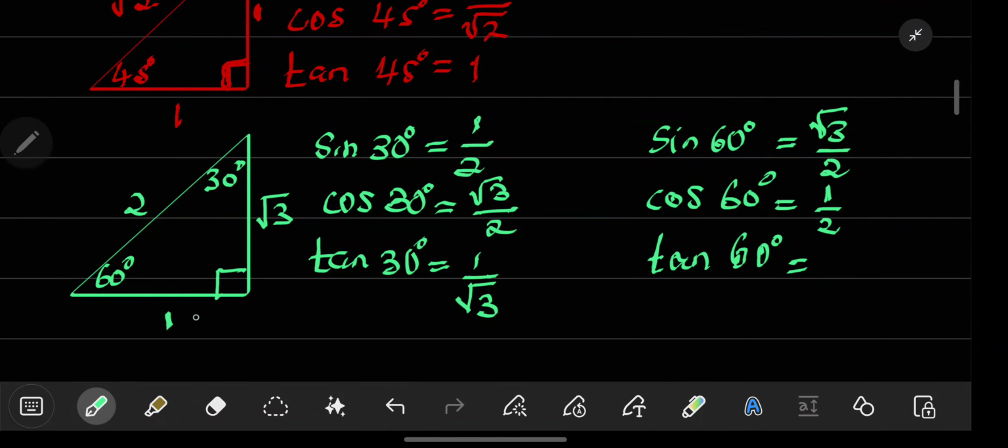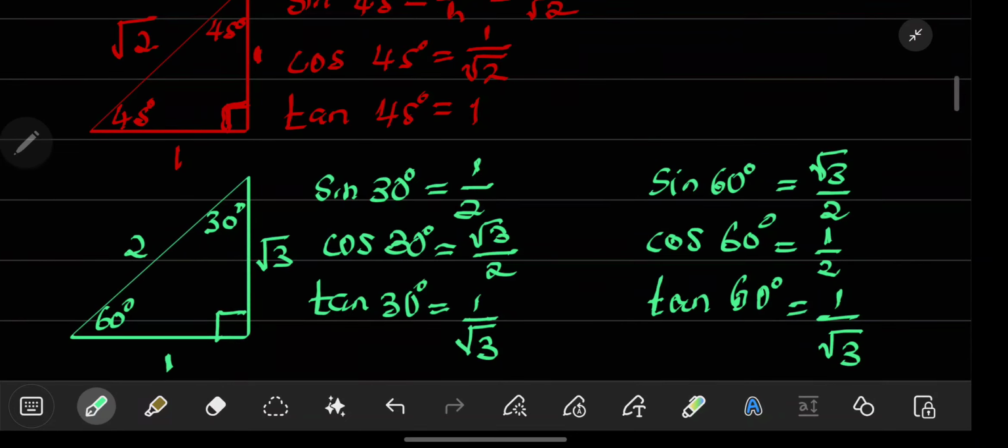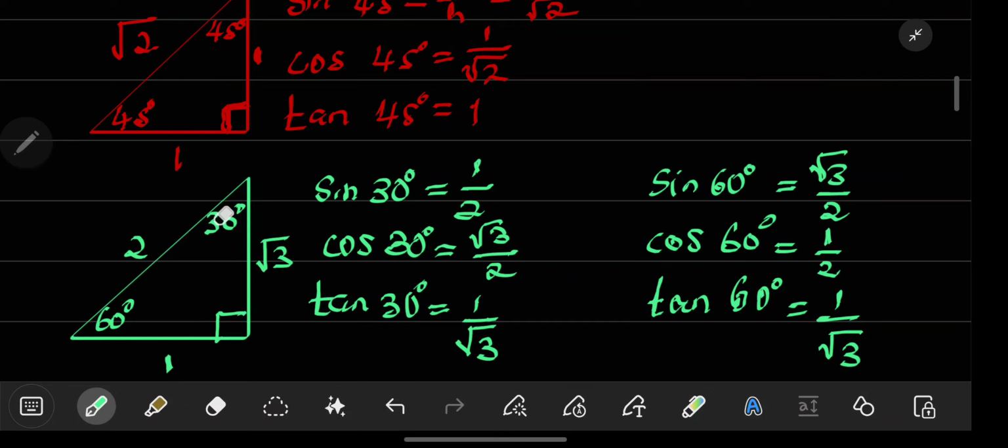It is opposite over adjacent, which is root 3 over 1. Okay, so this is how you can memorize your special triangles so that they can help you answer your special questions related to special angles.